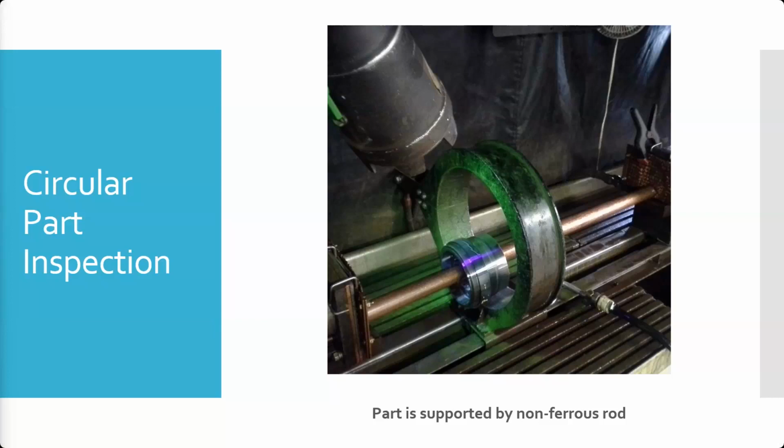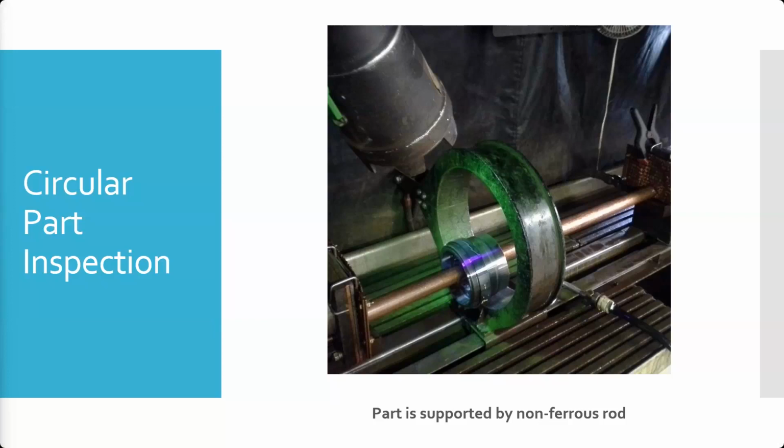So again, when we run current through this rod right here, that's going to create circular magnetic fields around the outer circumference of the rod. In this case, on this part, the magnetic fields would run circular around the outside of the part. When we run the coil, that's going to run magnetic fields left to right.